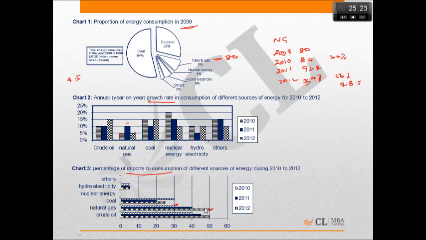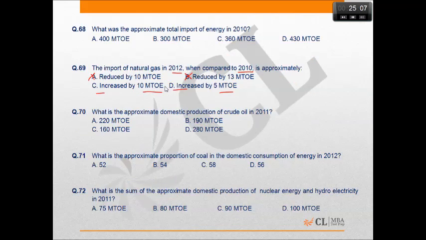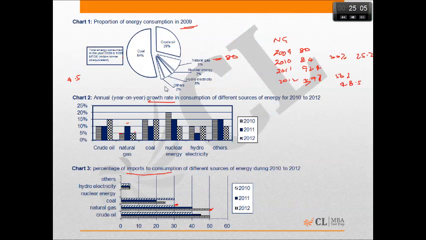There's a 50% jump, 30% to 50%. 50% is 48. 30% of 84, 8.4 into 3, 25.2. Yeah, this is 25.2. Have I made a mistake somewhere? The question was about natural gas, I hope. Natural gas imports in 2012. Natural gas 8%, so 8% of 1000 is 80. It is an increase, there's no doubt about 30.